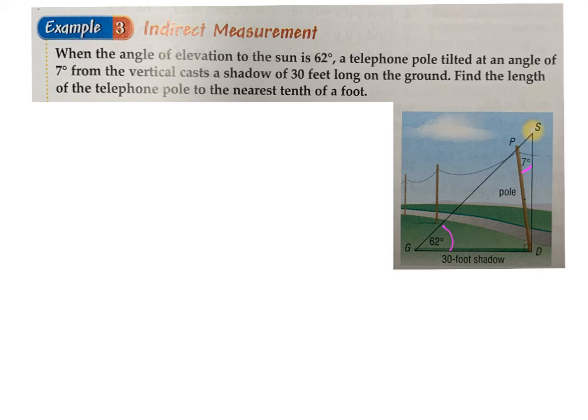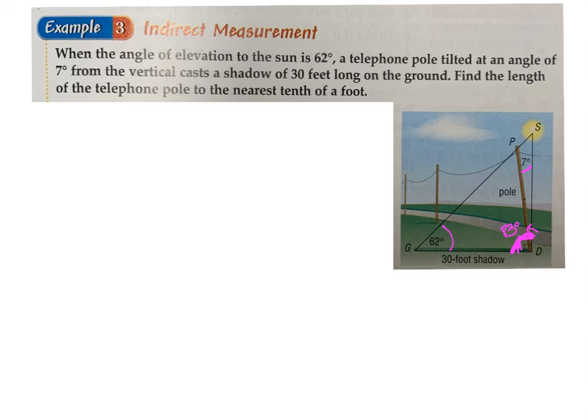That means that it's going from 90, 7 degrees this way. So if it started at 90 and it shifted 7 degrees, what is the new angle measure here? 83 degrees. Find the length of the telephone pole.